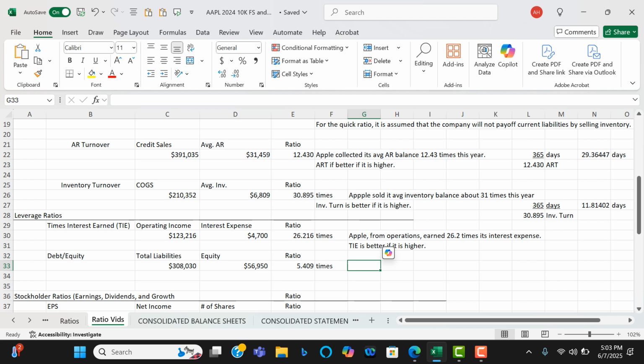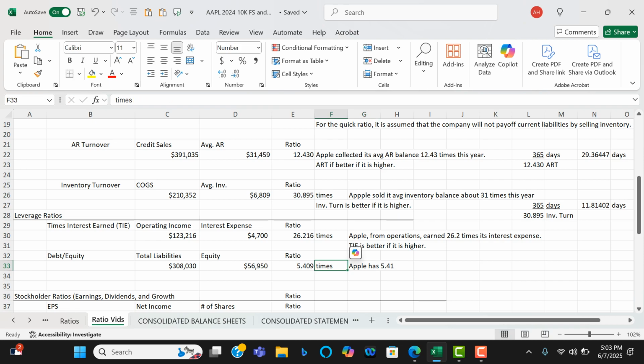Okay, but anyway, let's put the interpretation on it. Apple has 5.41 times.